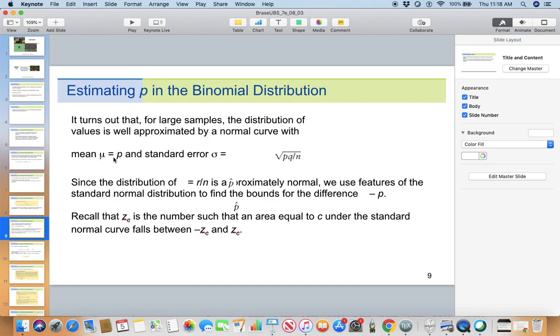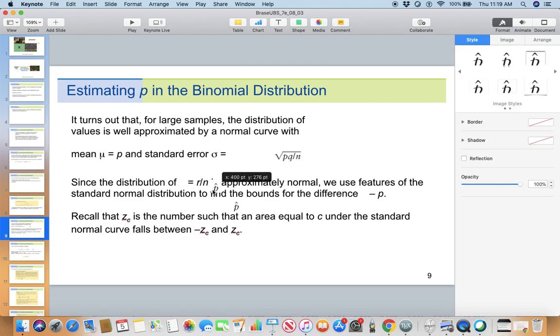Mean is P and standard error is square root PQ over N.